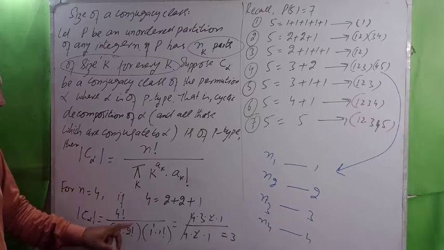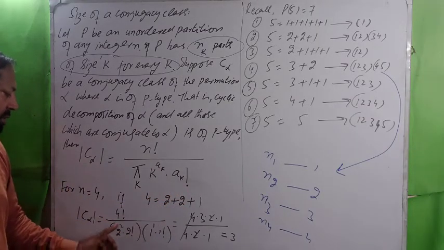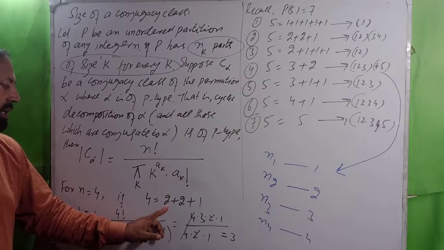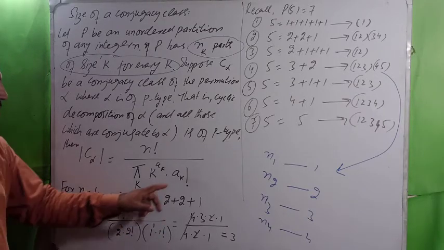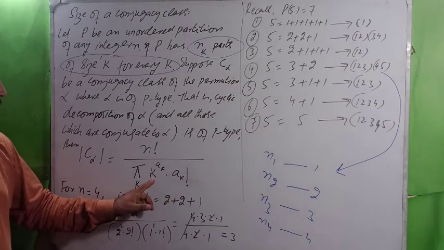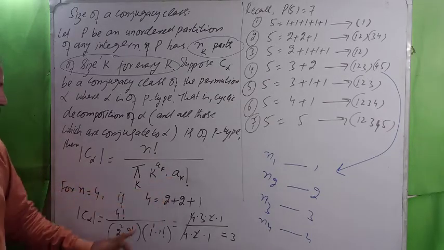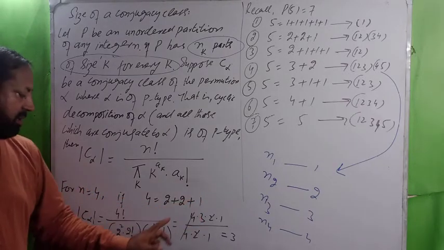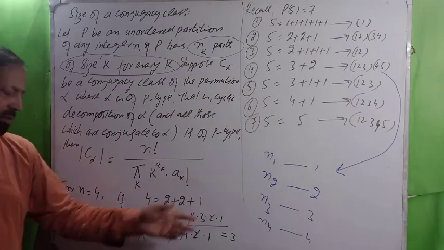Here k is the size, 2, and ak is 2, so 2 power 2 into 2 factorial. The next number is 1, and 1 power 1 into 1 factorial, as there is one part of size one, no problem.